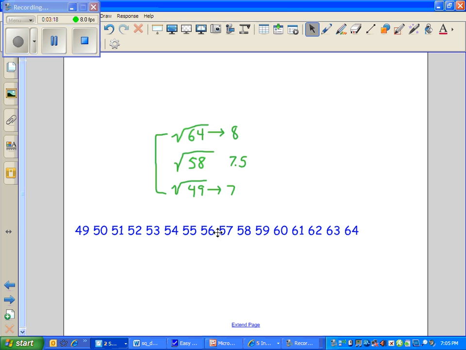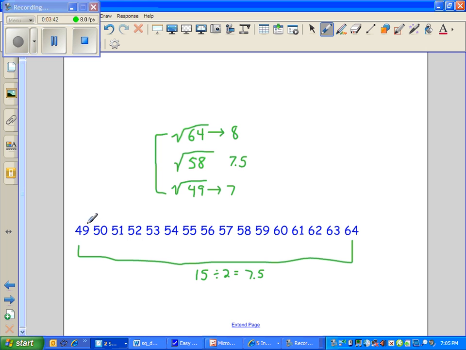I like to use the mathematical way, so I know that from 64 to 49, there is 15 steps. If I divide those steps in 2, that means that there's 7.5 steps to get to half.